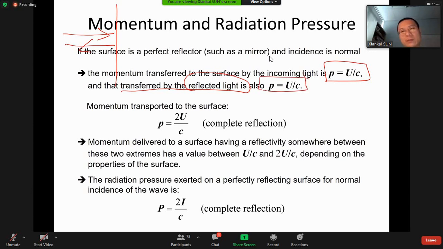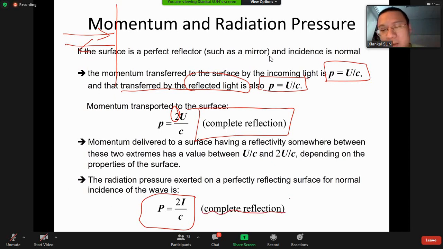So in this case you have to add a factor of 2 in front of U over c for complete reflection. Likewise, we can derive that the pressure should be revised to 2I over c for the case of complete reflection.